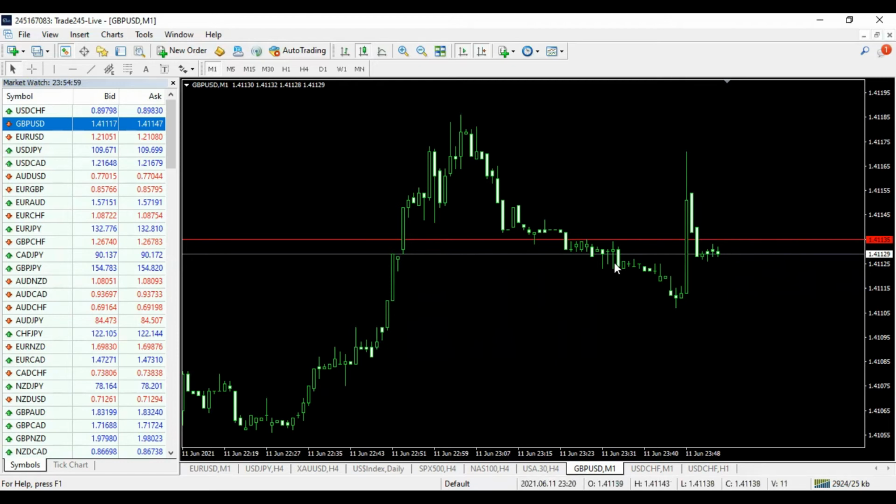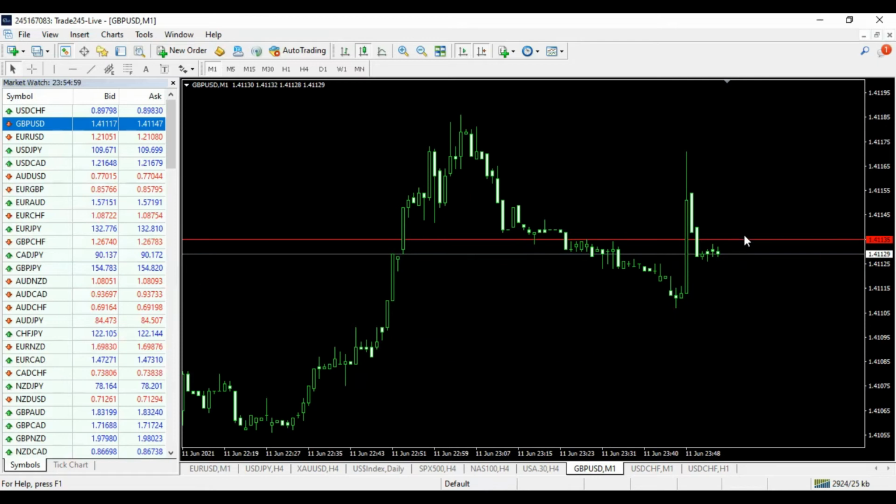So if you're going to execute a buy here, the market won't open here on the bid line, it will open here on the ask line. That's why every time you open your trade, it's going to start off from negative. So you'll only be in profit once this line passes that line, this red line.